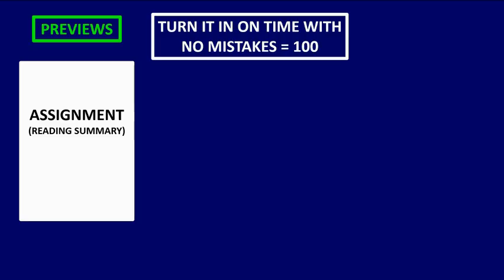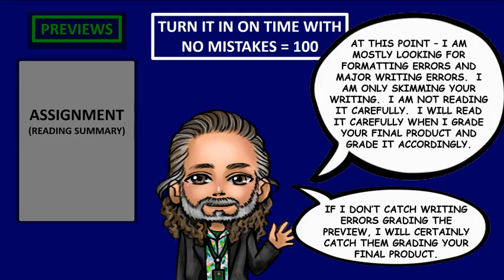Okay, so for grading, if you turn this assignment in on time with no mistakes, you get 100. Now, when it's due, it's called a preview. You're turning it in, I'm briefly skimming it, and I'm looking for major flaws. If I don't see any major flaws, I'm going to give it 100.